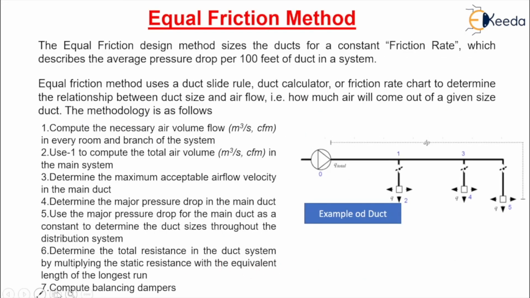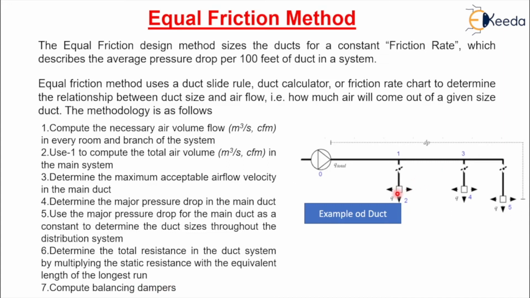Okay. Now compute the balancing diameters. What is the meaning of this? I have already told you that the friction loss in this line, this line, and this line will be the same or constant. How will we achieve that? We will achieve this with the help of dampers only.